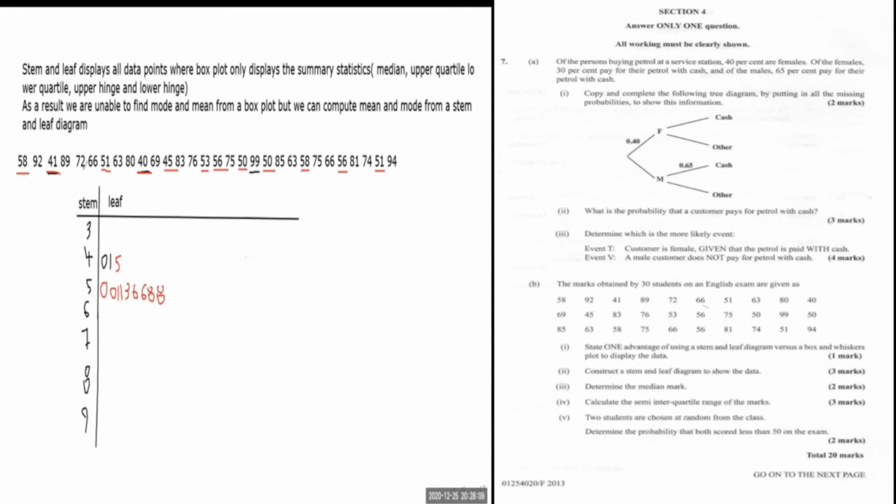Let's go for 60 now. Is there any 60? No 60. I see a 63, however.